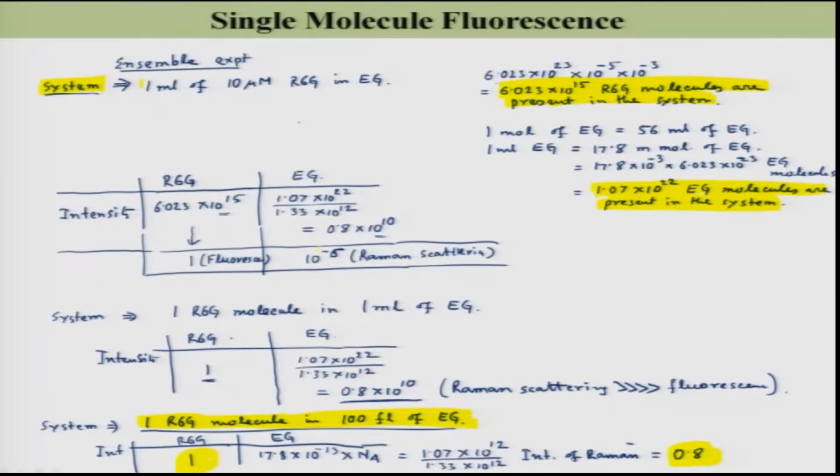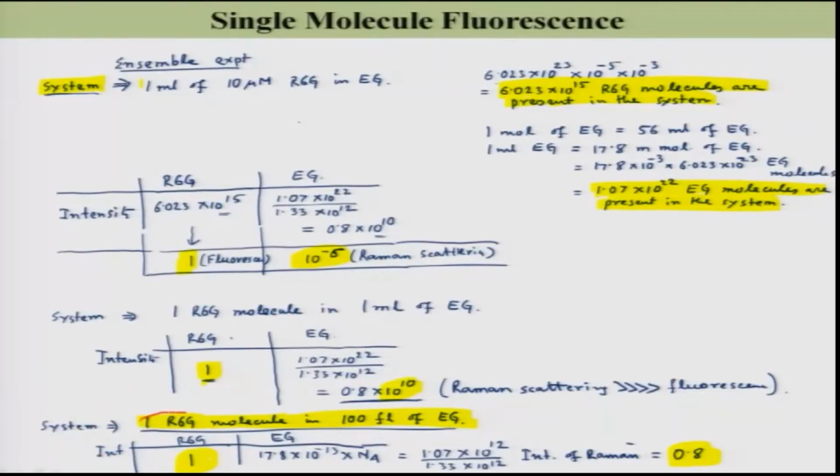So for the ensemble I had 1 fluorescence and 10^-6 Raman, so no problem. But when I took 1 rhodamine 6G in 1 ml ethylene glycol, what I got was 1 fluorescence and 10^10 Raman, and it is problematic, right. You cannot see 1 fluorescence in front of 10^10 Raman.